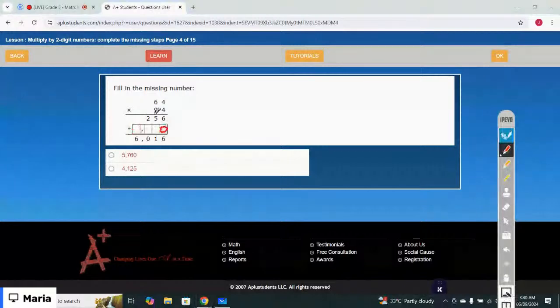Below the 9 times 4 is 36. 6, 3 carry, 9 times 6 is 54, 55, 56, 57. So here you have 57. So that means the missing number is 5760. That is the correct option, right?